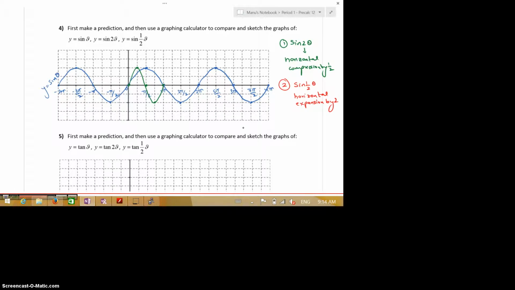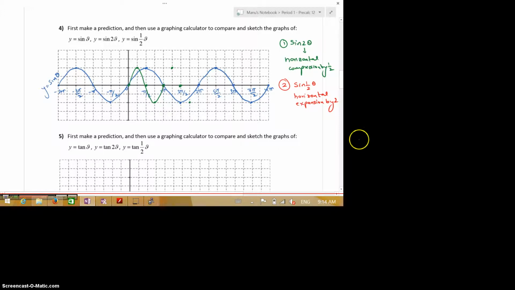Similarly, the next one, the one from 2 pi to 4 pi, half of 2 pi is pi, so you got a 0 here. Half of 5 pi over 2 is 5 pi over 4, so 5 pi over 4 is up here. And 3 pi, half of 3 pi is 3 pi over 2, so your next 0 is over here. Half of 7 pi over 2 is 7 pi over 4.